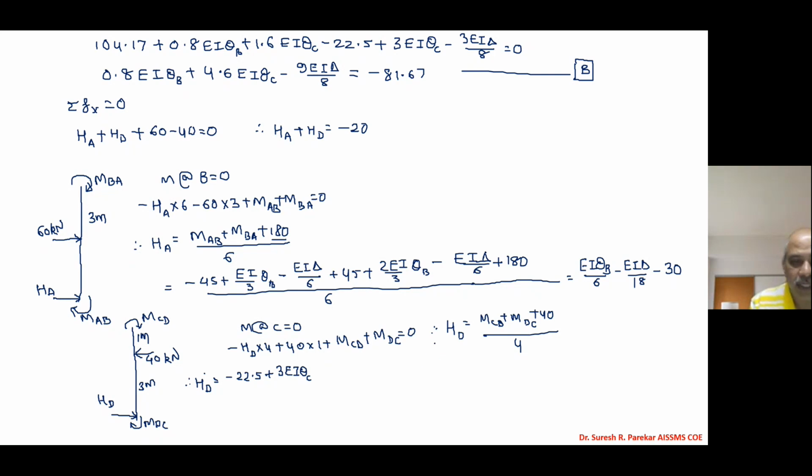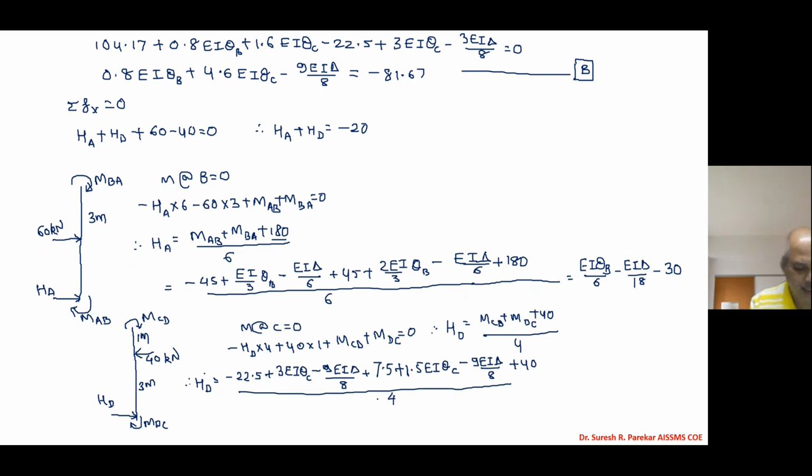So first we have CD: minus 9 EI delta by 8 plus 7.5 plus 1.5 EI theta minus 9 EI delta by 8 plus 40 divided by 4.